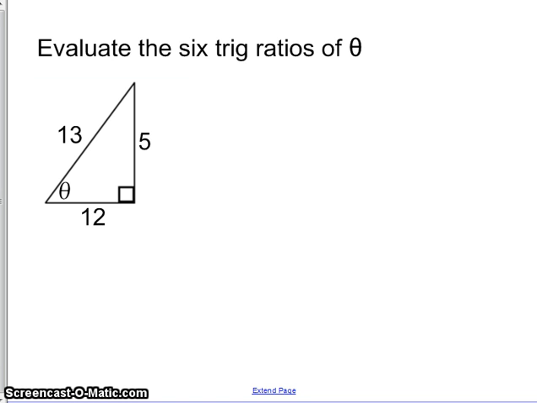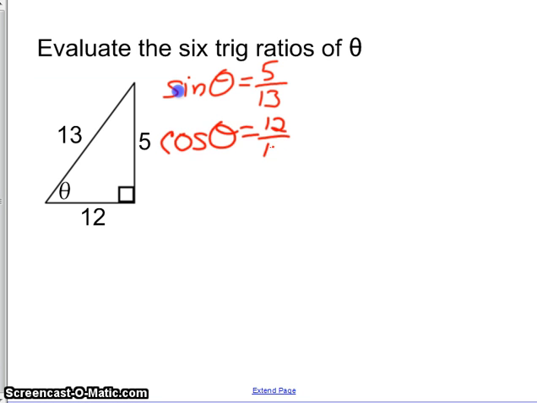All right, so here are my 6 trig ratios. I'm starting with sine. Sine is opposite over hypotenuse. Cosine is adjacent over hypotenuse. Tangent is opposite over adjacent.